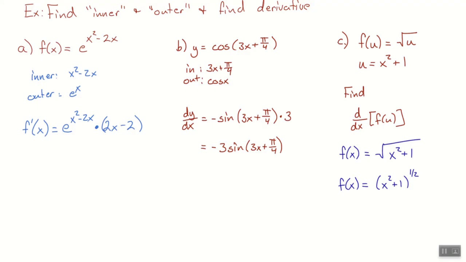Okay, now let's take the derivative of this. Inner and outer, just before. What's the outer function? Square root, and the inner is that x squared plus 1. So help me take the derivative of the outer. Or, if you don't want to have to identify those, can we all agree that that's the inner piece right now?